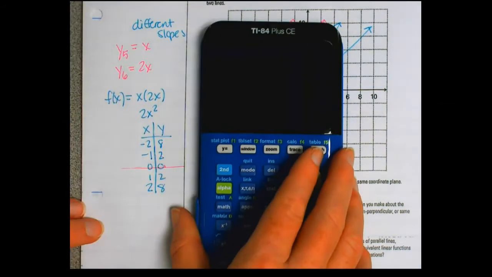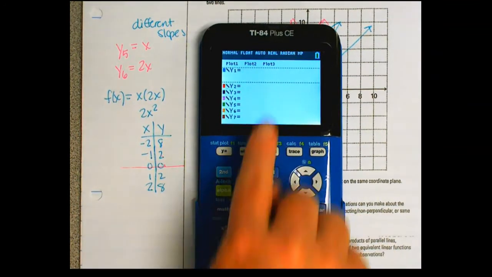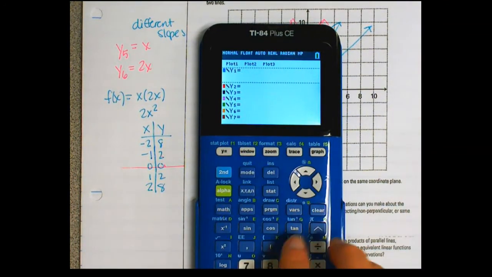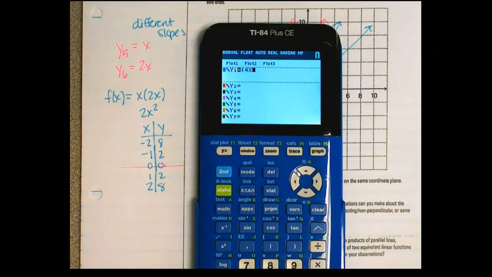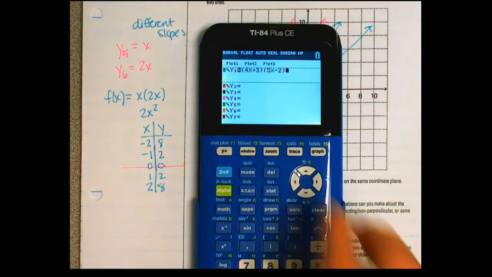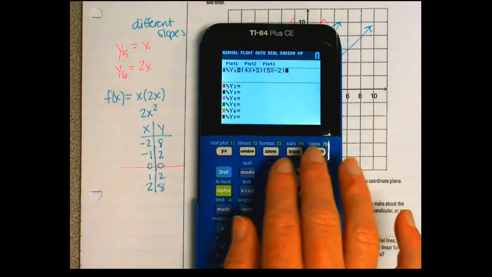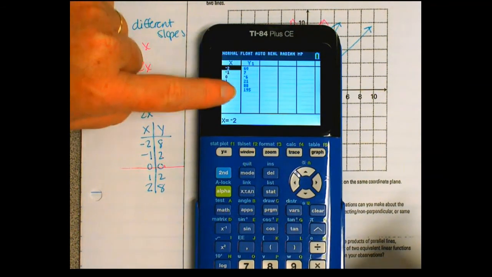But again, what you do with your calculator is you go to y equals and change your function. You could even write it in as one line, 4x plus 3 times 5x minus 2, whatever your lines are. The calculator can do the multiplication. And if you go to your table, it will fill in those numbers.